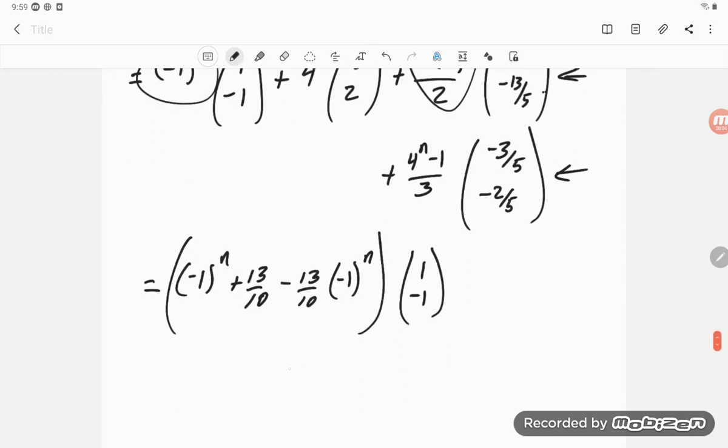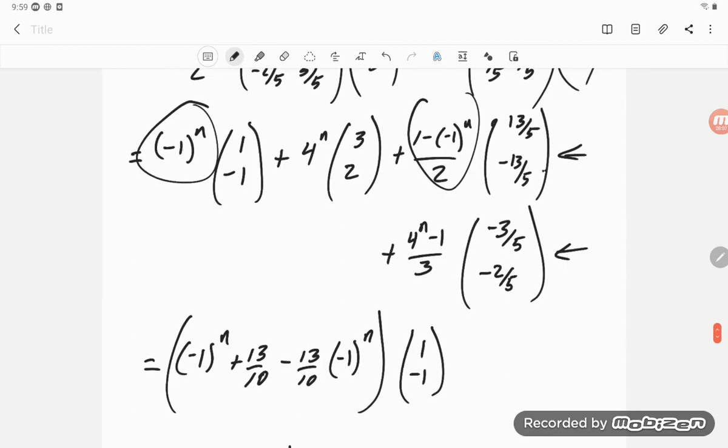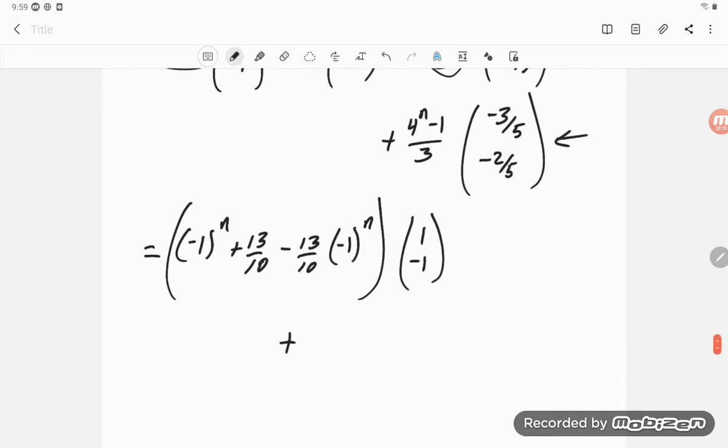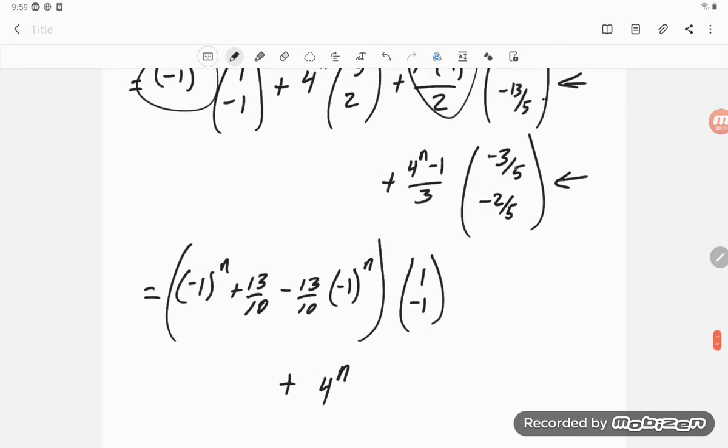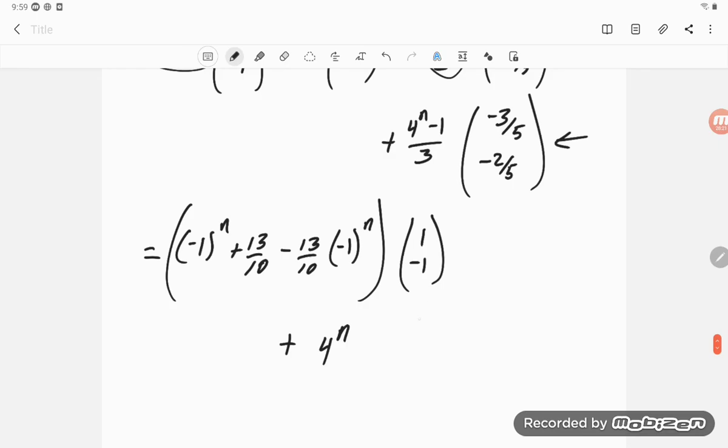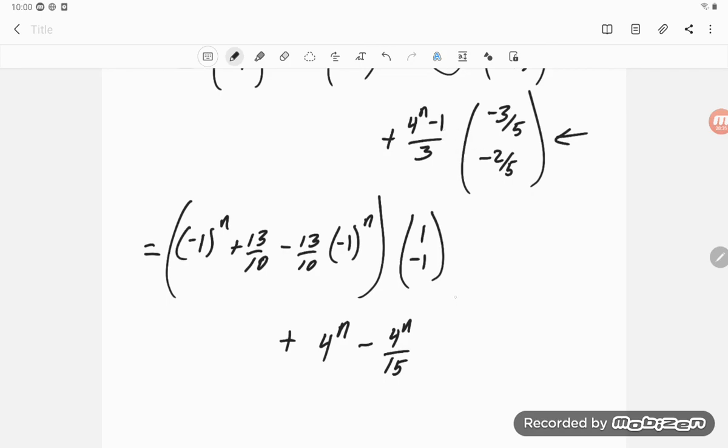And then plus, I'll have my 4 to the n, then here I'm taking a -1/5 out, so that is minus 4 to the n over 15, and then again taking a -1/5 out, that makes that a plus 1/15, all times the vector 3, 2.